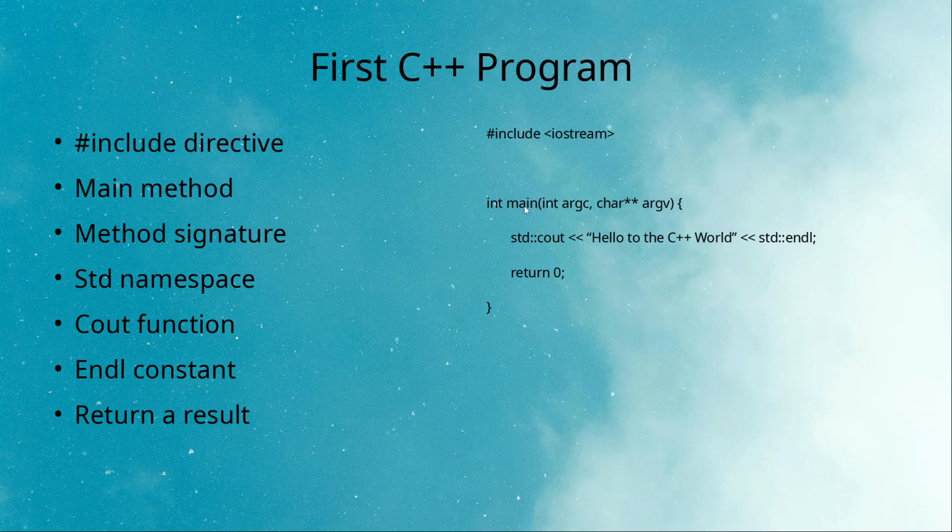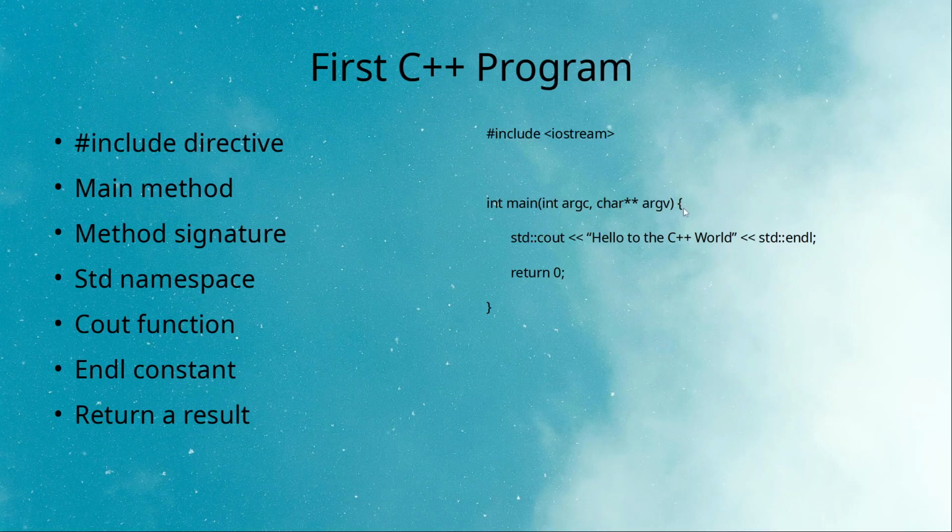So the main method is nothing but the word main preceded by int. What is this int? We haven't discussed that yet. We will come and discuss that in a bit. And it is followed by some strange looking parameters. Again, we haven't discussed those.